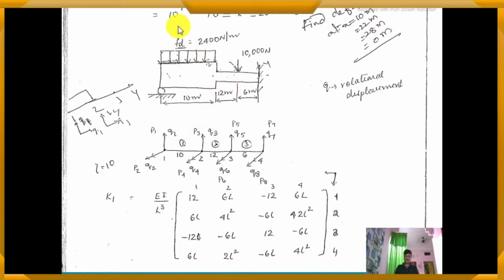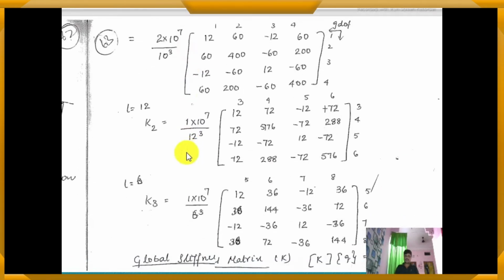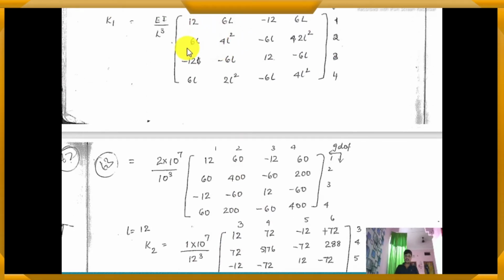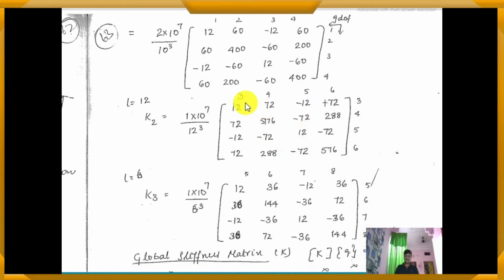Remember, 10 power of 7 into 1 by 12 cube. Length is 12, EI will be 10 power of 7 by 12 power of 3. Again same 12, you can make the multiplication. You can substitute in this matrix wherever there is an L. Then after that, you will get this equation.